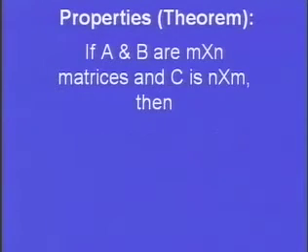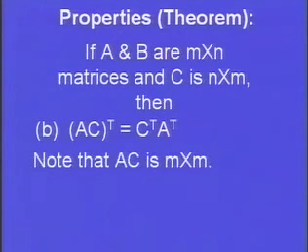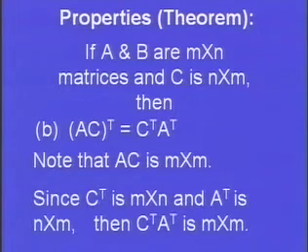Okay, second part of the theorem. The quantity A times C transposed is equal to C transposed times A transposed. Now that might seem a little bit crazy as to why they change places. I'm not going to go into a long explanation as to why that happens, but I will point out this fact. A times C would be an M by M matrix. C transpose would be an M by N matrix. A transpose would be an N by M matrix.